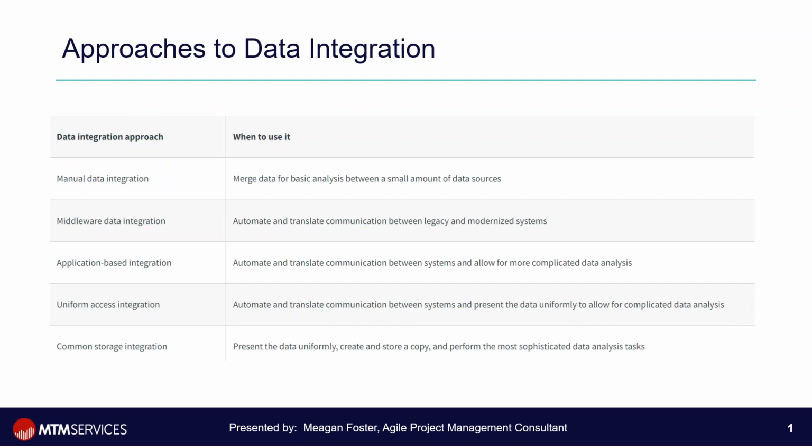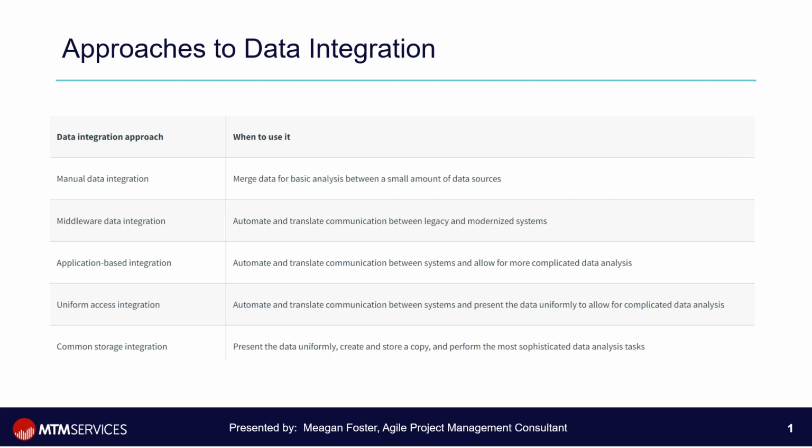So when to use it? Just to summarize these approaches, manual data integration is going to be best for merging data for basic analysis between a small amount of data sources. The middleware data integration approach is best for automating and translating communications between legacy and modernized systems.